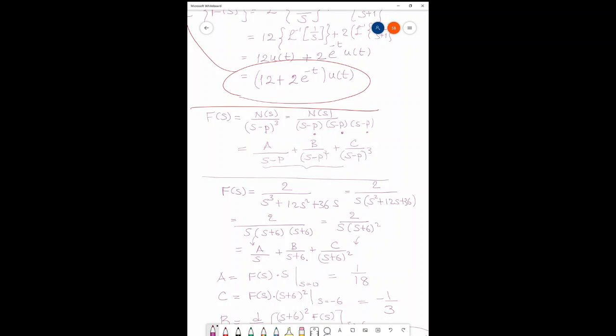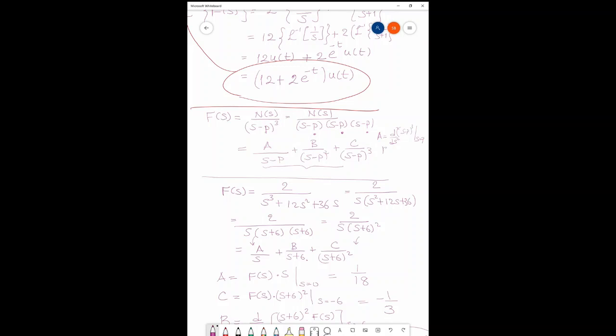So in this case, for example, to solve for a, a is equal to one half d squared over ds squared of f of s multiplied by s minus p the whole cubed, solved for s equal to p.